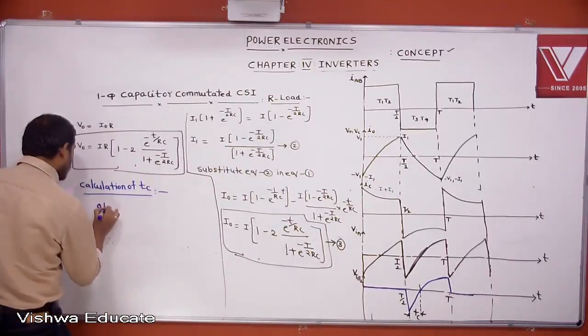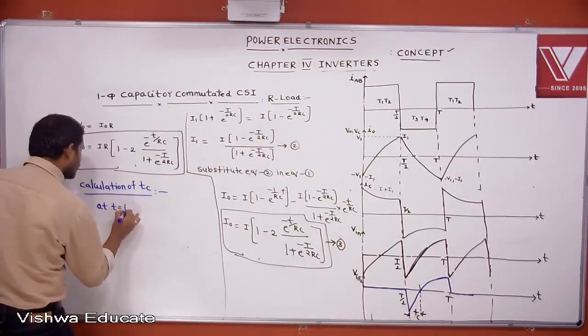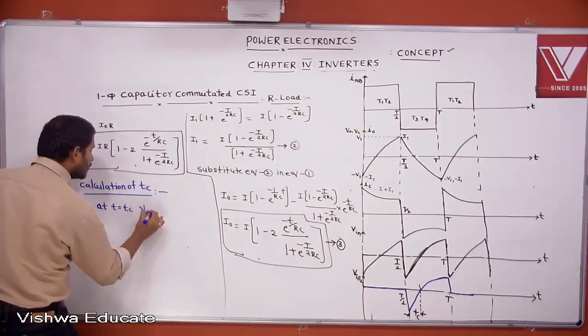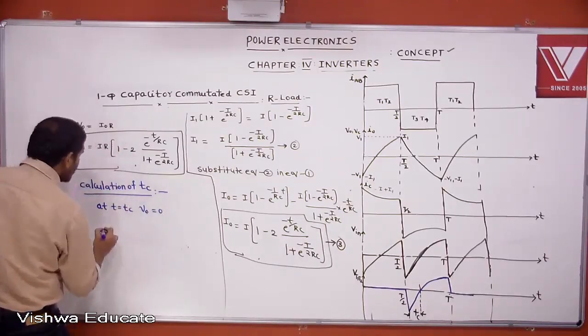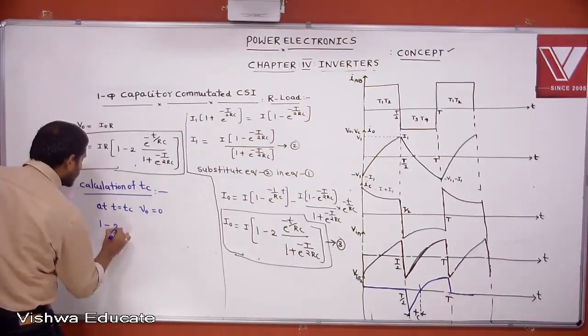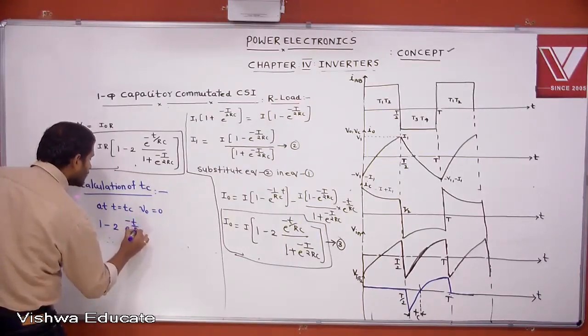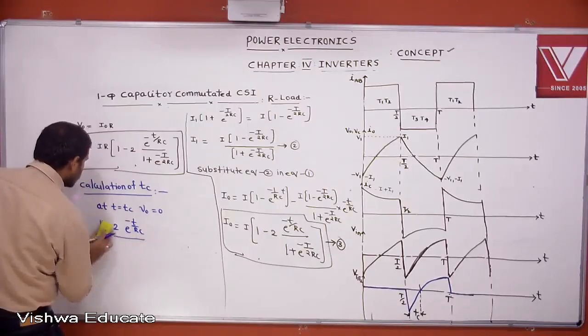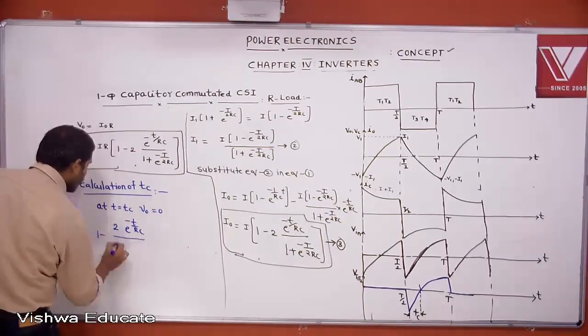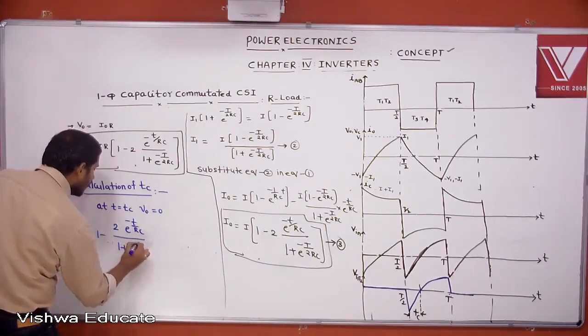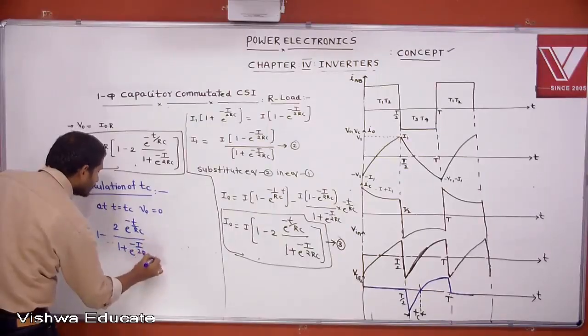At t equal to Tc, V naught equal to 0. Then if you apply this, what can you get? 1 minus 2 into e power minus T by RC by 1 plus e power minus T by 2 RC.